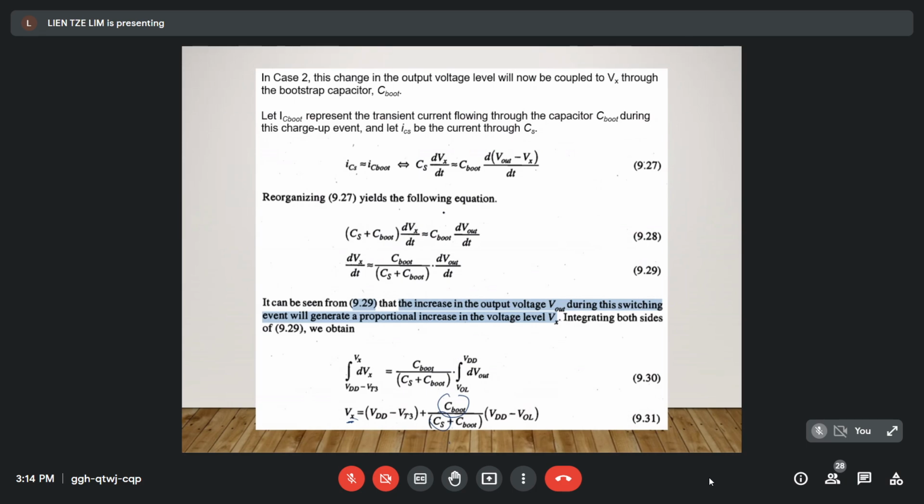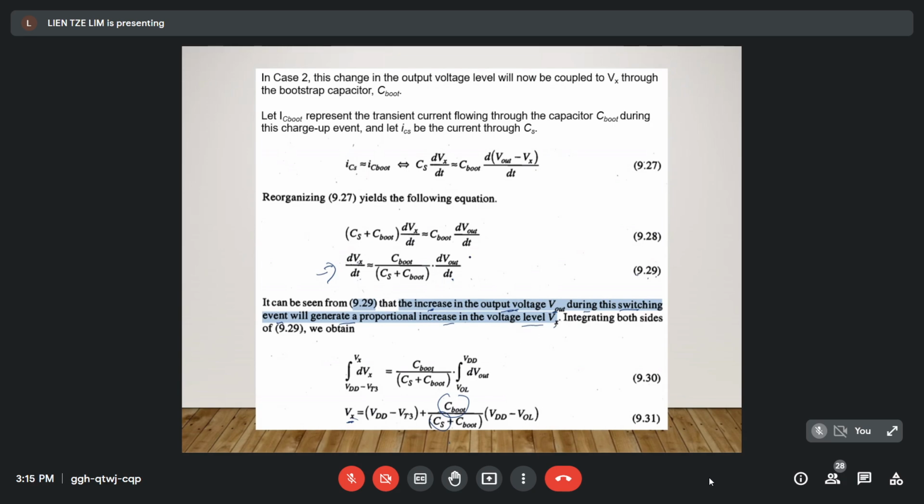The formula I want to emphasize is formula 9.29: the differential of Vx over dt equals C boot divided by CS plus C boot, multiplied by the differential of Vout over dt. This equation shows that the increase of the output voltage Vout during this switching event will generate a proportional increase in the voltage level Vx.